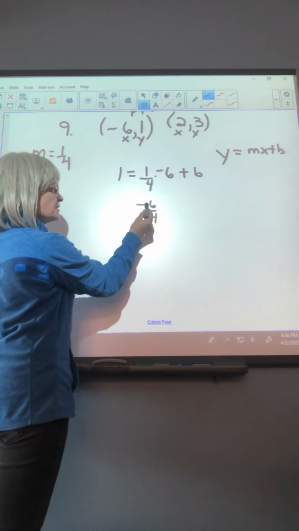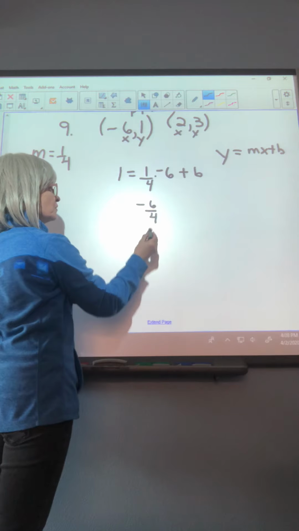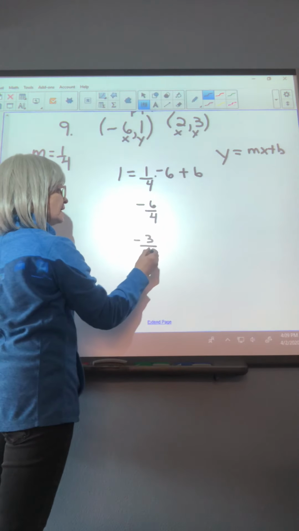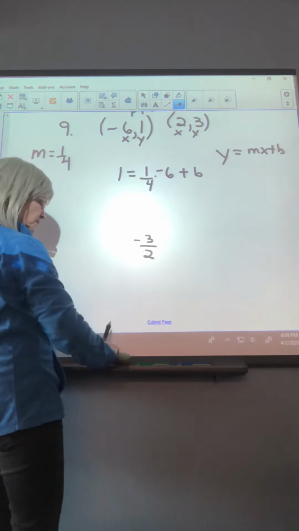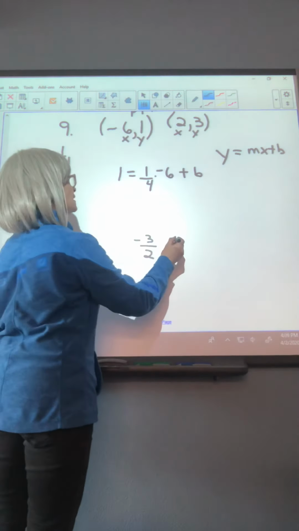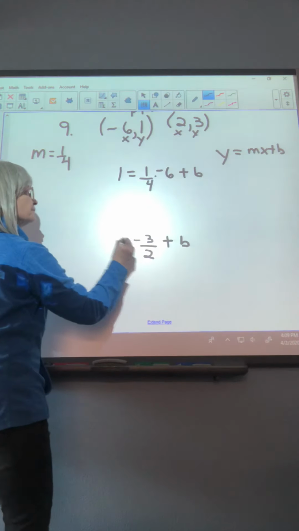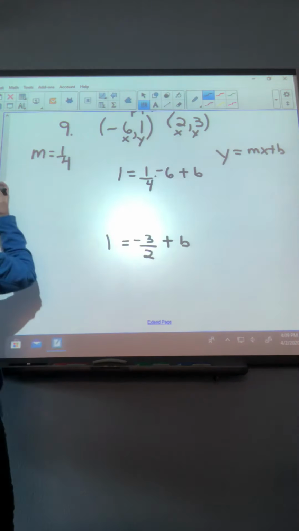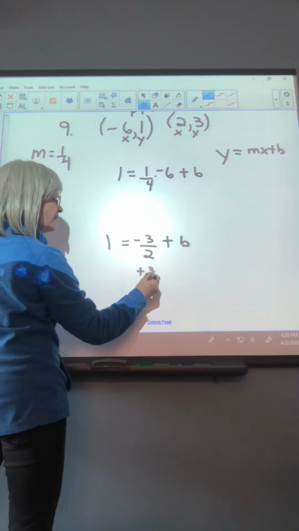It might be easier just to reduce this before I go any further. And so if I divide both of those by 2, I would get a negative 3/2. So I'm not really changing anything, I'm just making it smaller, and it seems like smaller things are easier to work with, smaller numbers. All right, so to continue solving this, I'm going to add the 3/2.